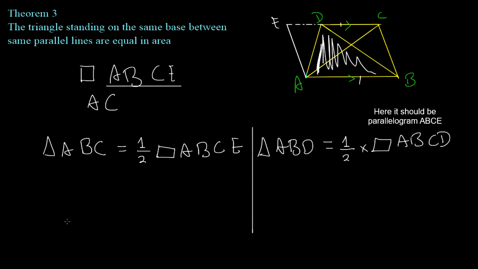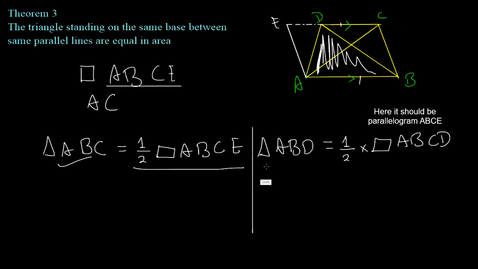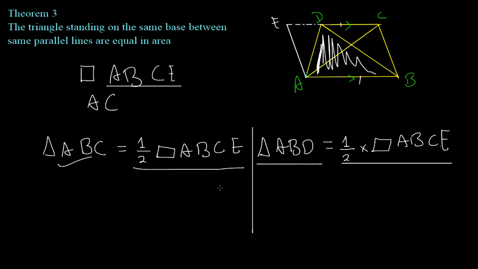Okay, so now we have that triangle ABC is equal to half of the area of parallelogram ABCE, and the area of triangle ABD is equal to half of parallelogram ABCE.